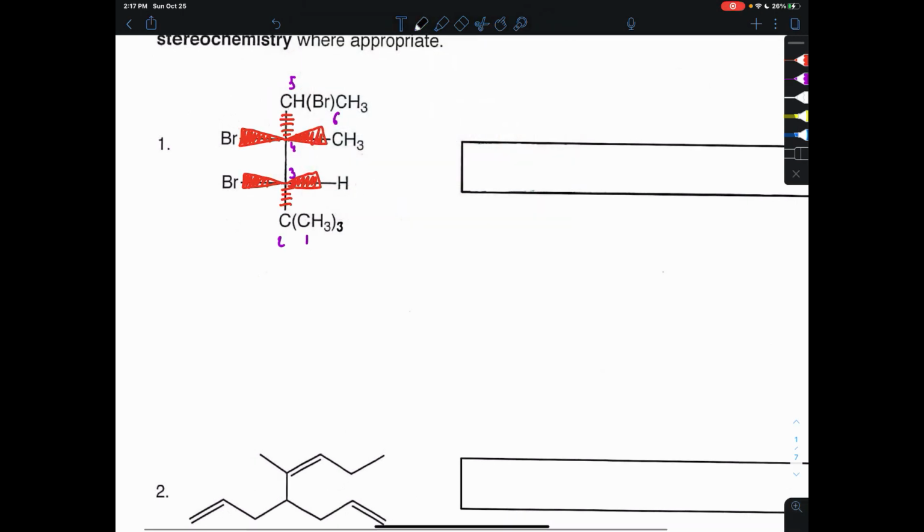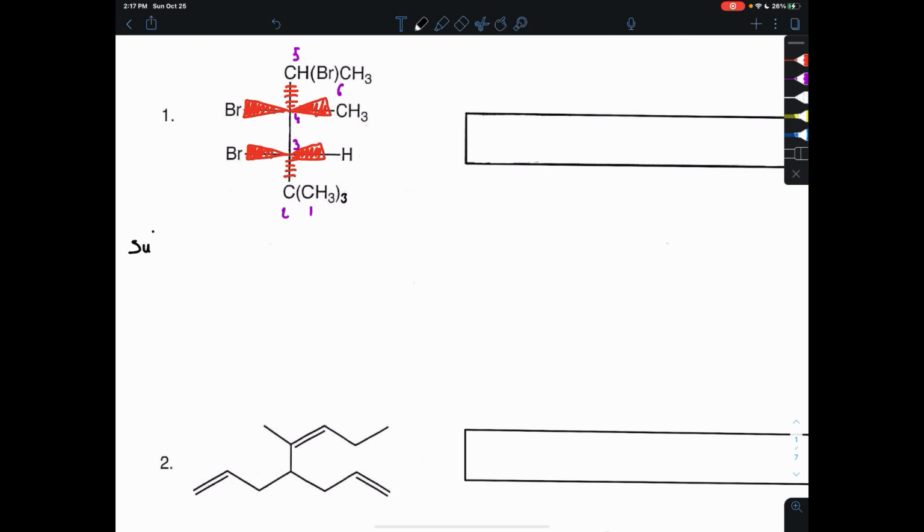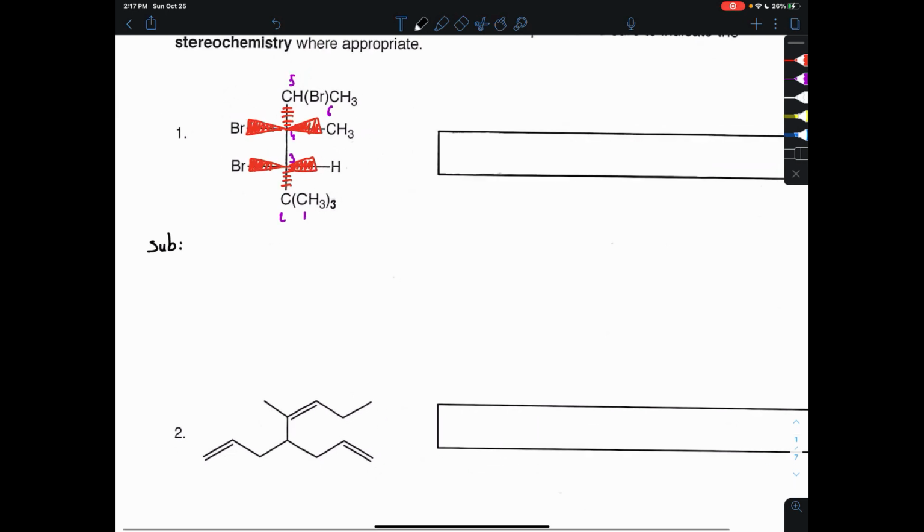First thing first is the number of subs. I know that I have 2 methyls on carbon number 2, and I have a methyl on carbon number 4, so that will be 2,2,4-trimethyl. And then I have 3 bromos.